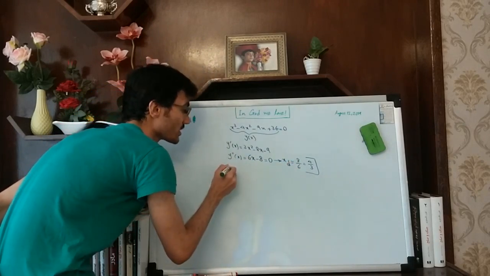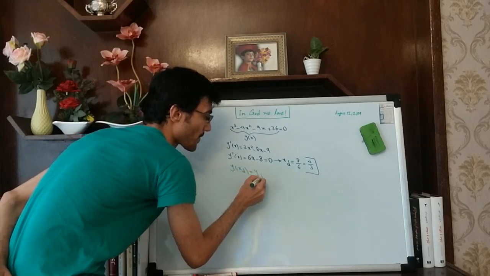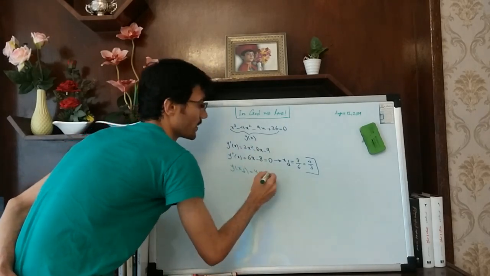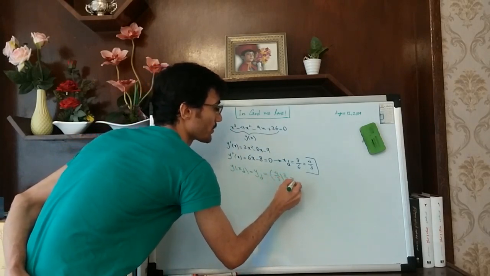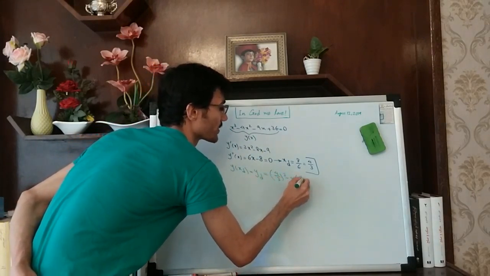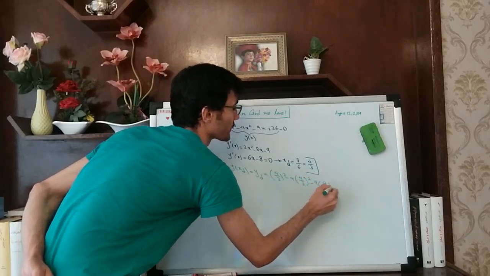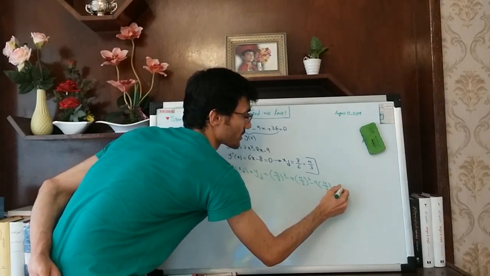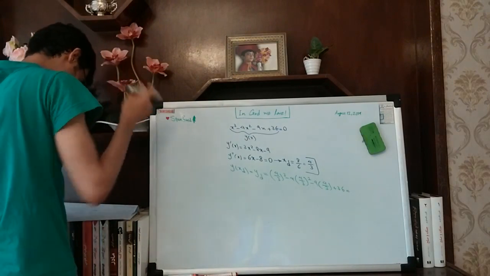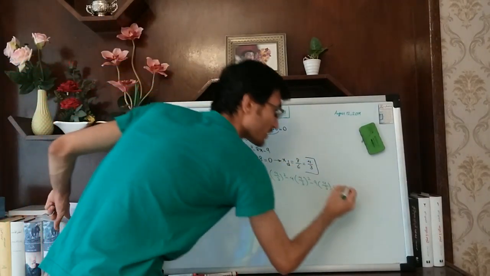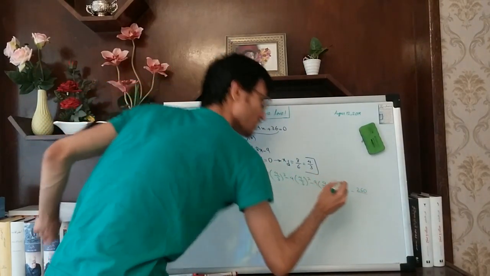So we should put xt in y first. 4/3 cubed minus 4 times 4/3 squared minus 9 times 4/3 plus 36, which equals negative 260 over 27.